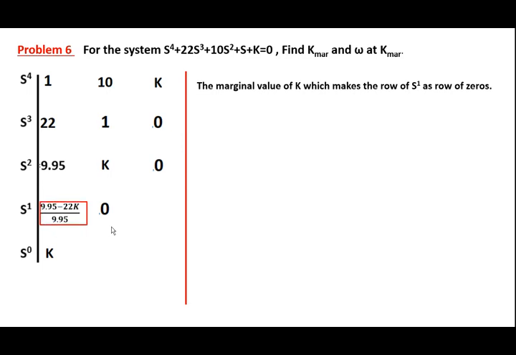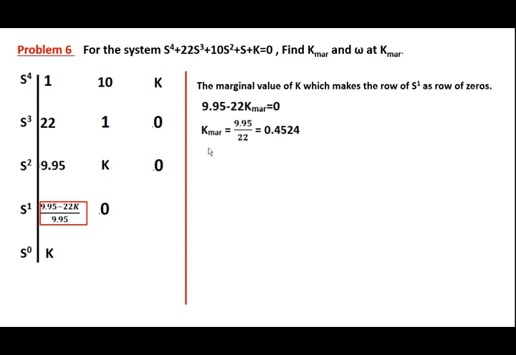So we need to consider this expression and make it equal to 0. Instead of k, I am writing it as k margin. The denominator term will become 0 because 9.95 into 0 is 0 itself. So 9.95 minus 22k equal to 0.